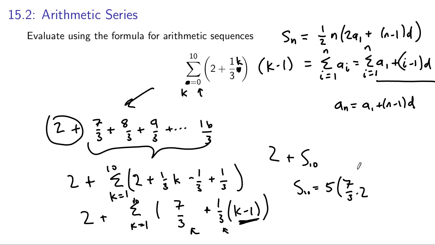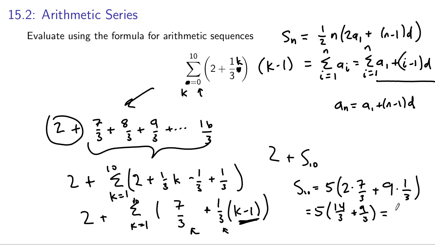I switched the order of that. Let's make that less confusing. So 2 times 7/3 plus n minus 1, 10 minus 1 is 9 times 1/3. Okay? That gives us 5 times 14/3 plus 9/3. 14 plus 9 is 23.